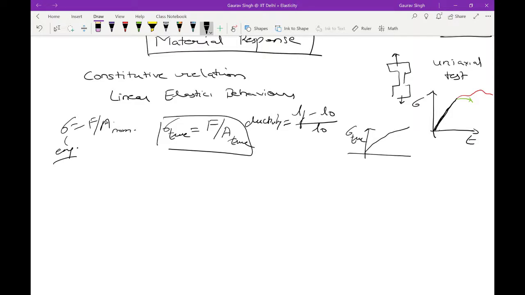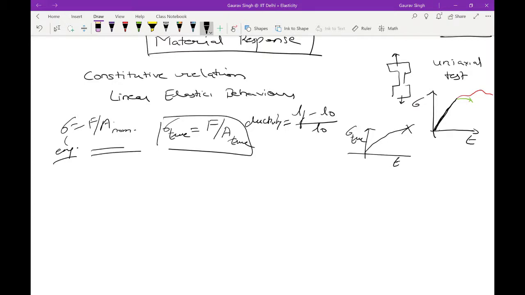So true stress versus true strain. Okay, so strain is the same. So like this one, the red one is not a monotonic graph. If you consider true strain, it will be a monotonic stress versus strain curve until fracture. It will not go up and go down at any place. Obviously, it's the engineering stress which is used, where the initial area is taken.